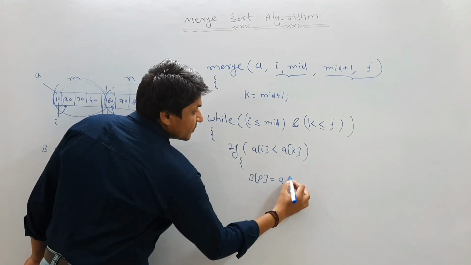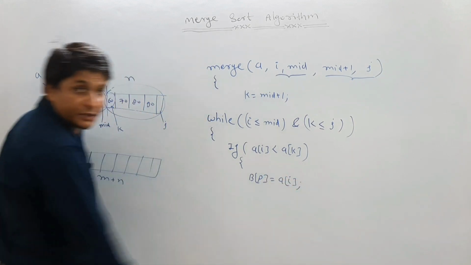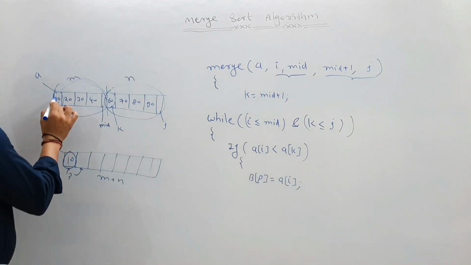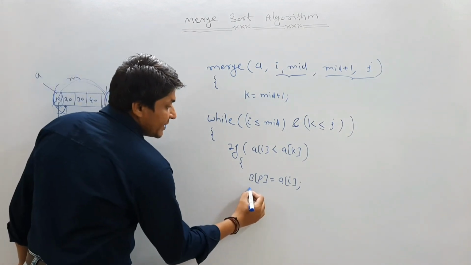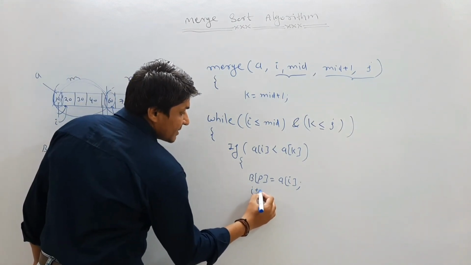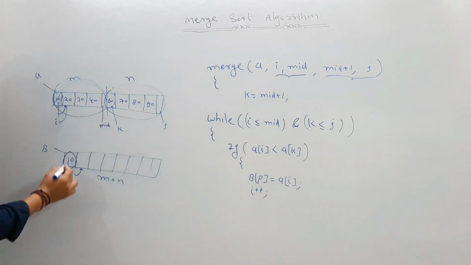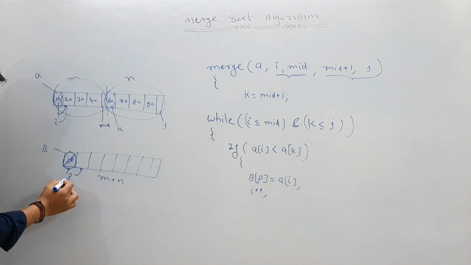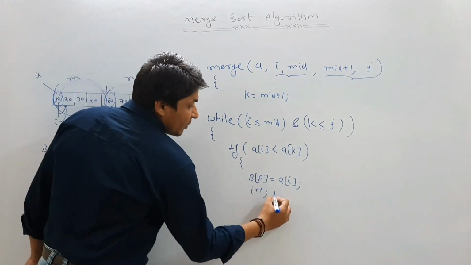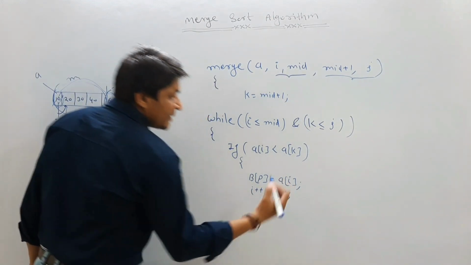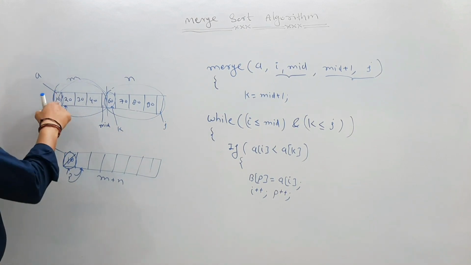Because you have already copied this, you increment i to the next location, i plus plus. And since we have copied here, the next element will be copied into the next location, so we increment p also, p plus plus. This is the first condition.